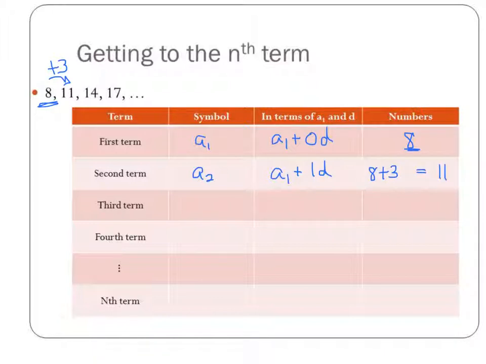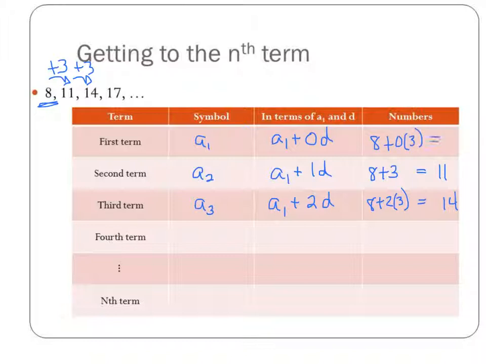The third term is a sub 3, which is going to be a sub 1 plus 2 of the common differences, because it's 2 common differences away. So this is going to be 8 plus 2 times 3, which gave us 14. I'm going to rewrite the top one here real quick in terms of these other ones. 8 plus 0 times 3 was 8.